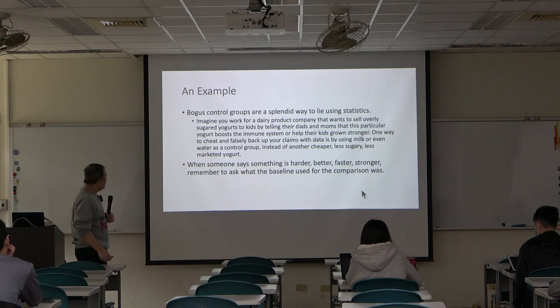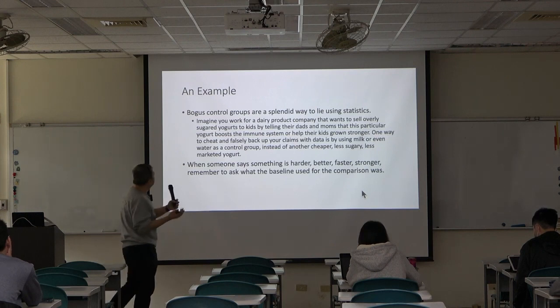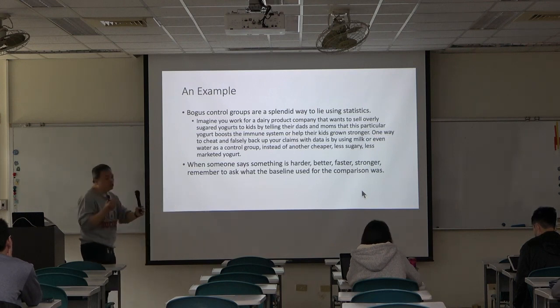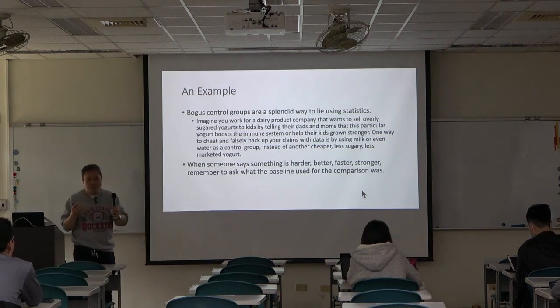One way to cheat, or falsely back up your claim with data, is by using milk or even water as a control group instead of another cheaper, less sugary, less marketed yogurt. So the control group selection is important.